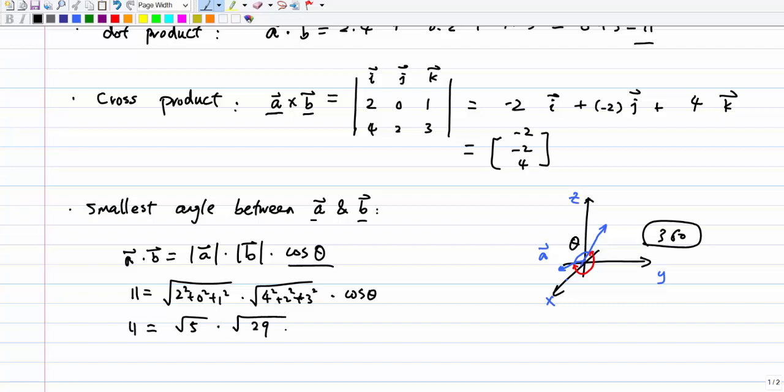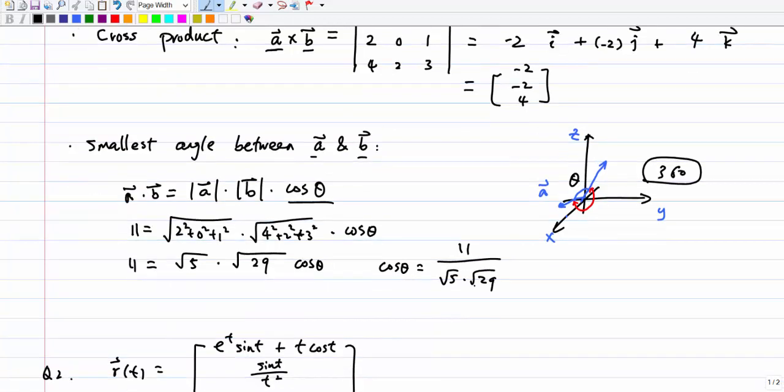This is the cosine theta. So cosine theta is 11 divided by the square root of 5 times the square root of 29.